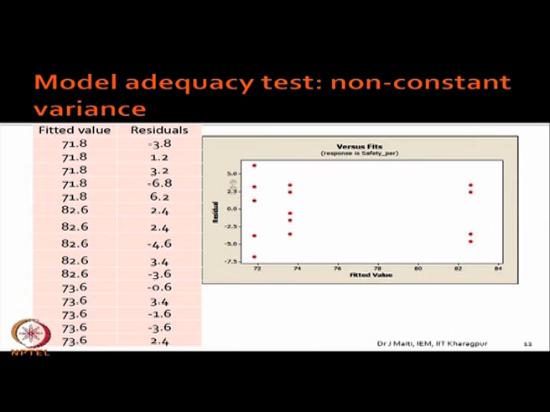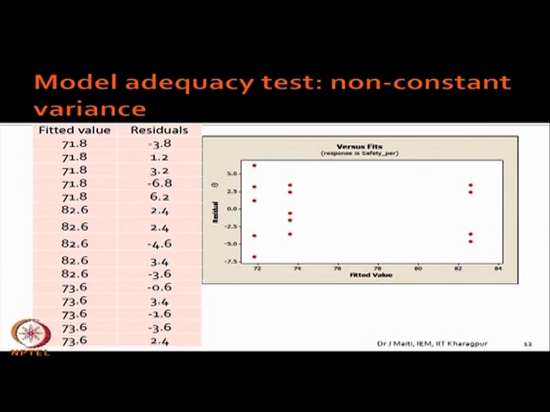But we have to test this through some statistics, that Bartlett's test I told you about earlier. Here it is showing that population 1, that means level A1, has a little more variability.